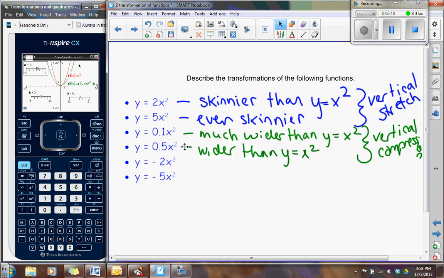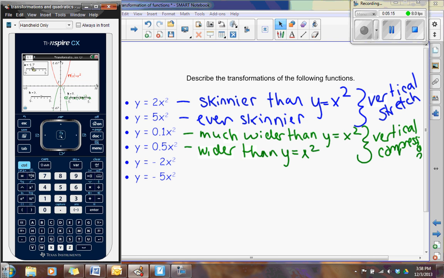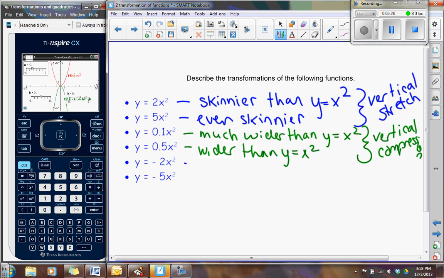And when a is negative, so in this next example, a is negative 2. So you can see our function is skinnier once again, and it's flipped over the x-axis. So it's a reflection over the x-axis. And that's all because a is negative.